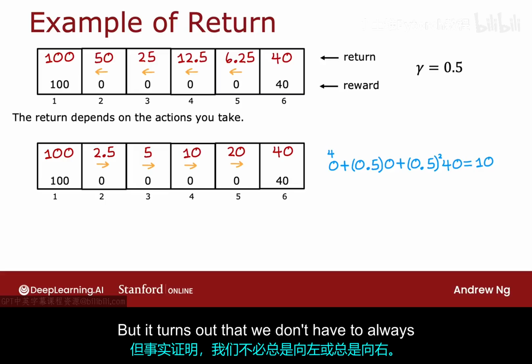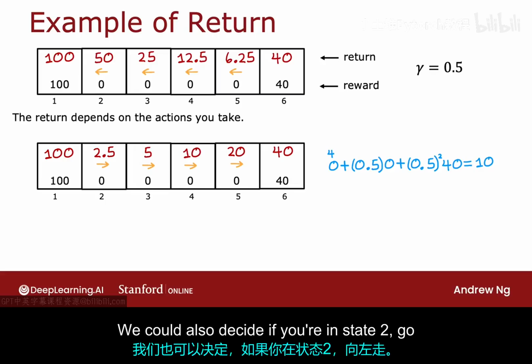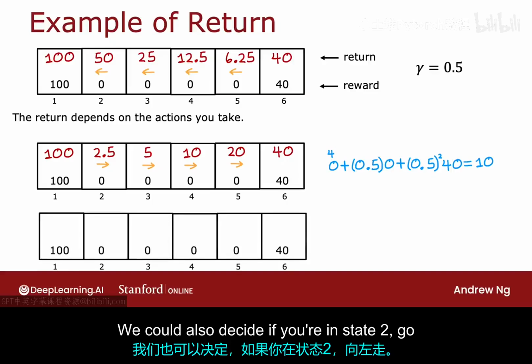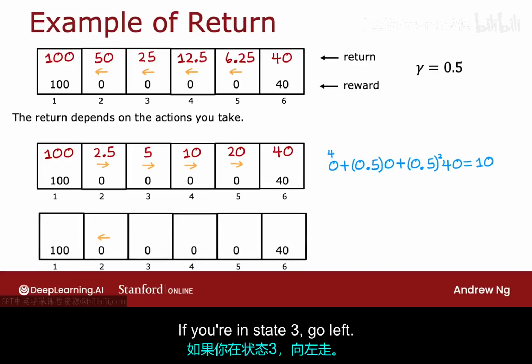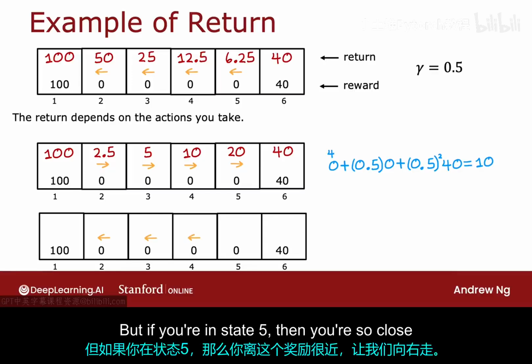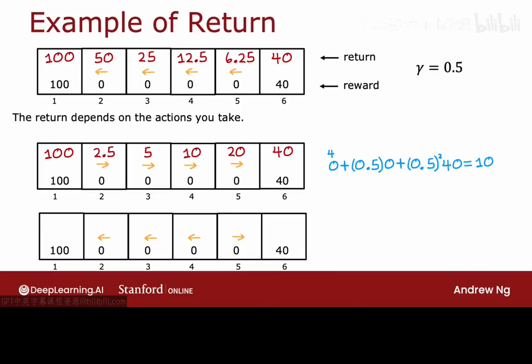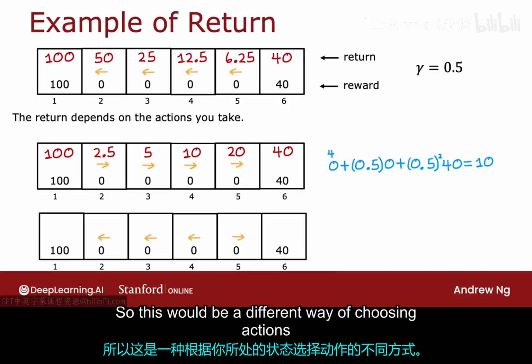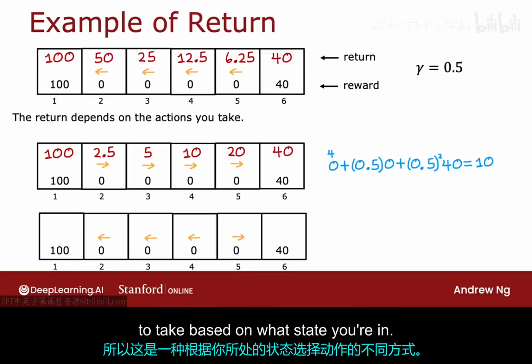But it turns out that we don't have to always go to the left or always go to the right. We could also decide if you're in state 2, go left. If you're in state 3, go left. If you're in state 4, go left. But if you're in state 5, then you're so close to this reward, let's go right. So this would be a different way of choosing actions to take based on what state you're in.